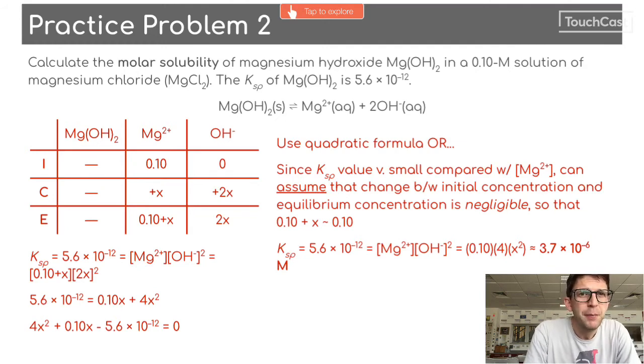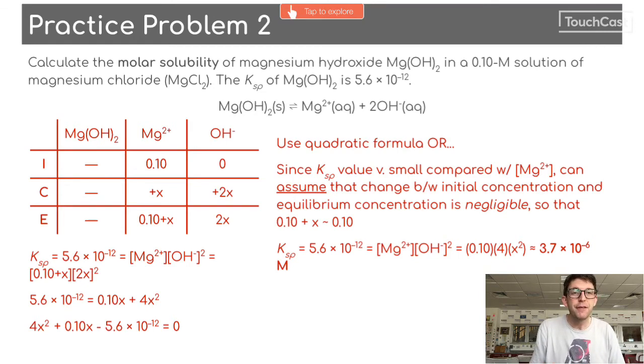So that means there's going to be 0.10 molar concentration of the magnesium ion. Now that's really large compared to the solubility product constant, so large that any change is probably not going to have a big effect on the equilibrium concentration.